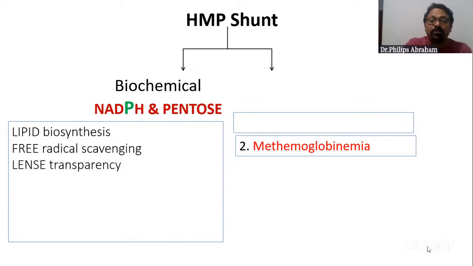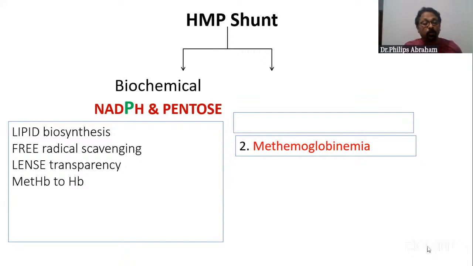Free radicals can make the lens opaque. NADPH helps in free radical scavenging, thereby maintaining the lens transparency, and it helps in the conversion of methemoglobin to hemoglobin.